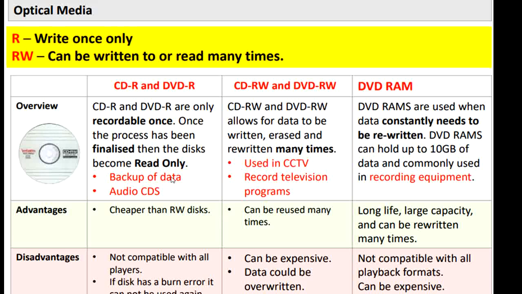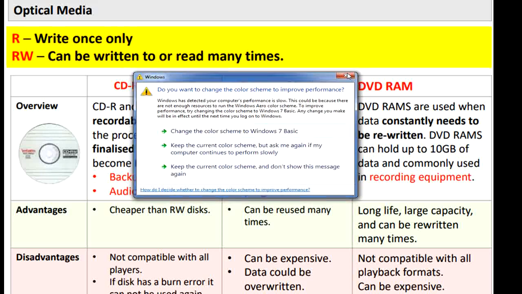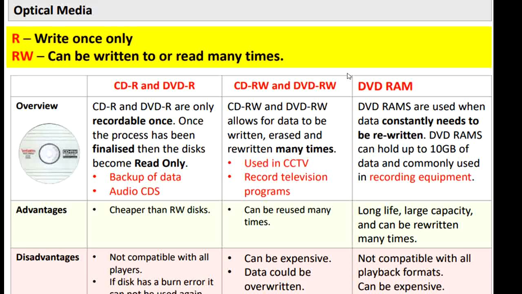Finally, we're having here a comparison between the different types of CDs and DVDs. Here we have R, write once only, meaning if you're having a CD-R or DVD-R, they are only recordable once.